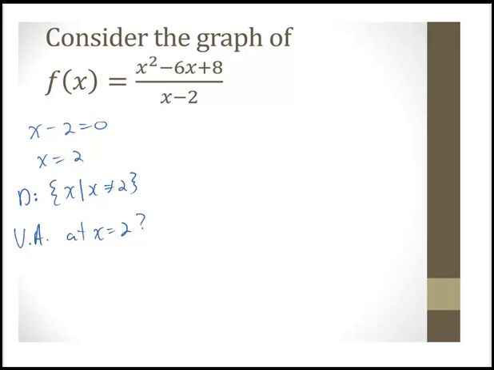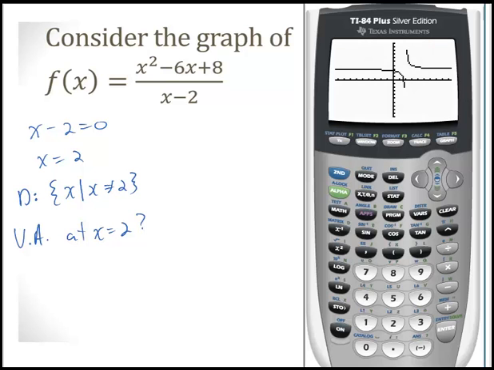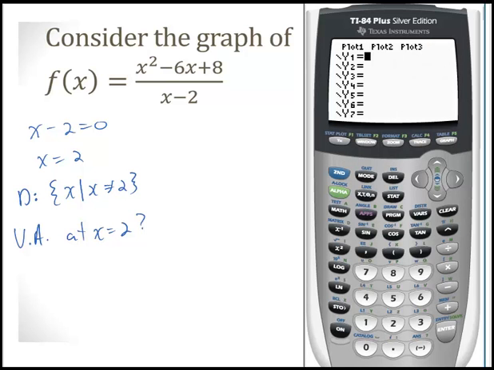Alright, so let's see the graph of this function. Y equals x squared minus 6x plus 8, close that off and divide by quantity x minus 2. And let's see what this graph looks like.